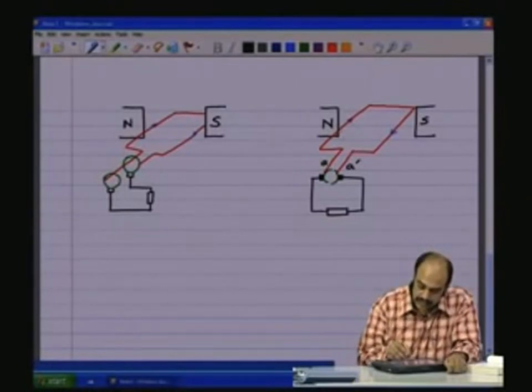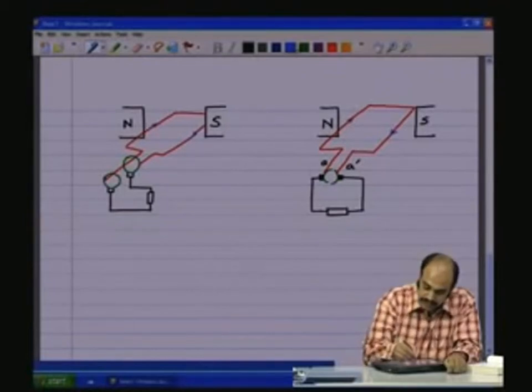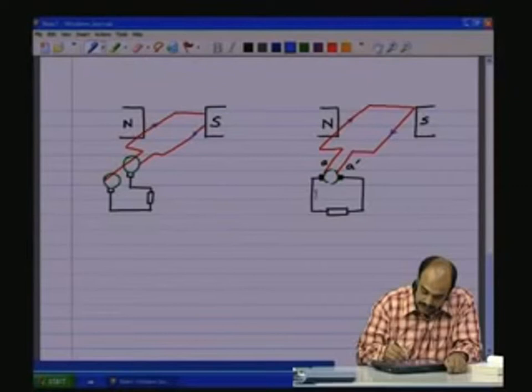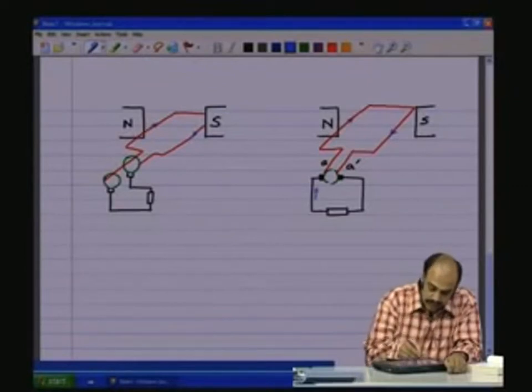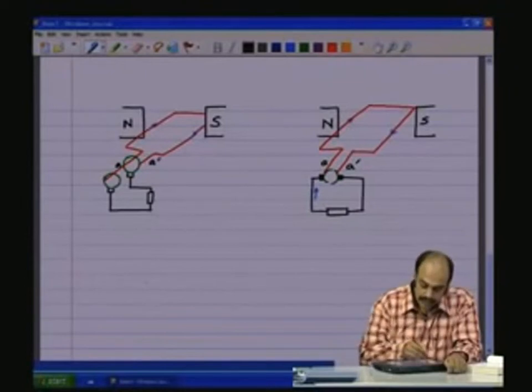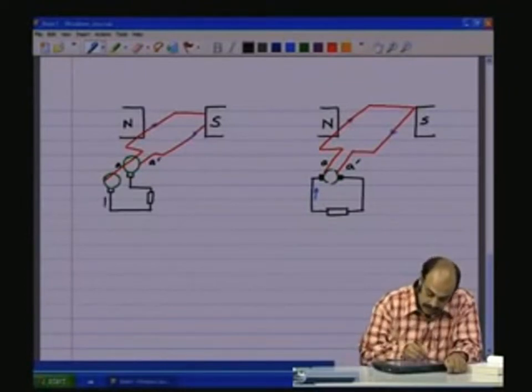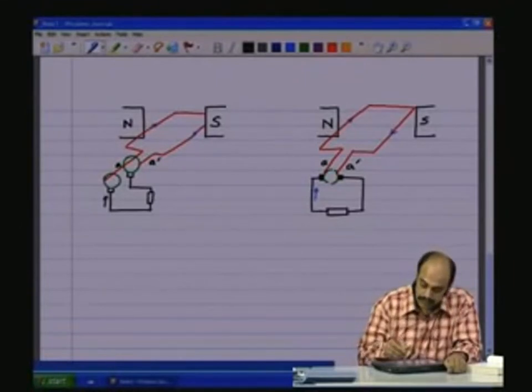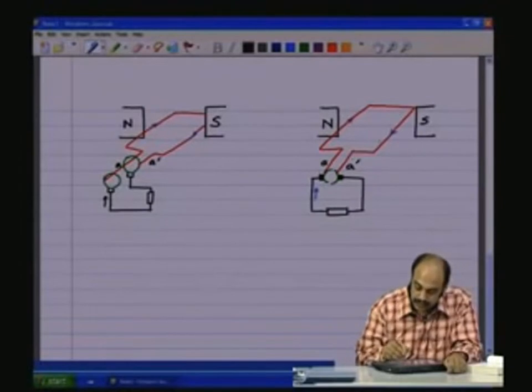So, as the coil rotates, when it is at the position north as shown here, the current is flowing through the brushes in this direction, and this is A and A dash, and here the current is flowing in this direction also, and as this rotates, the ring is also rotating along with the coil.